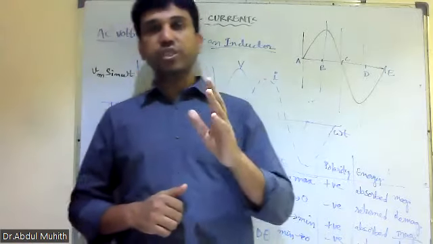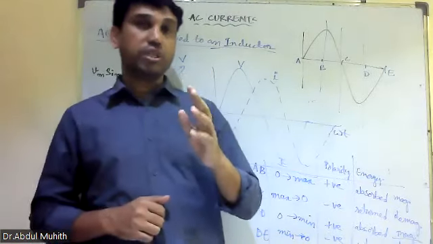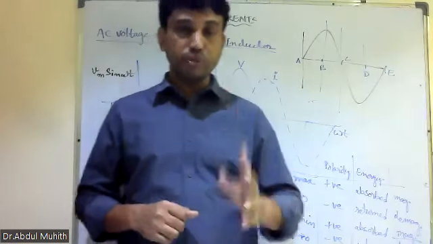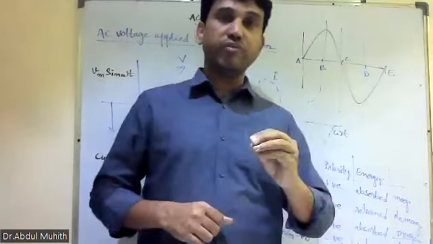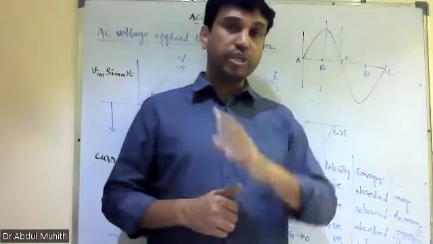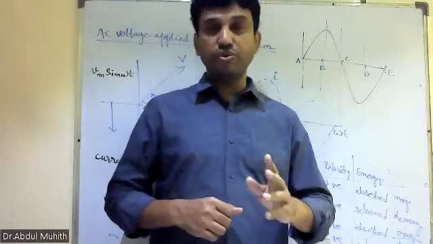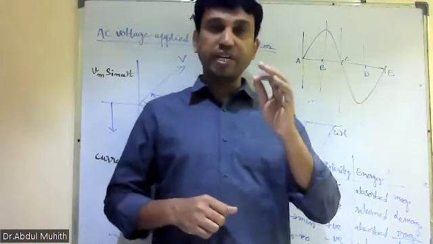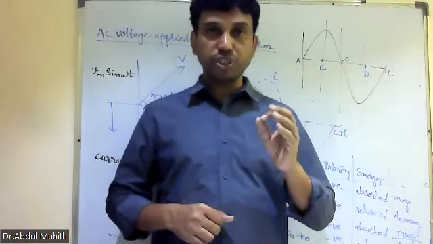Then only you will understand why AC circuits, oscillators and frequency generators have very much importance, because there is no electronic device without an oscillator. Right from your computer, your laptop, your mobile phone, your tablet, everything needs a clock. That clock works on a frequency generator.